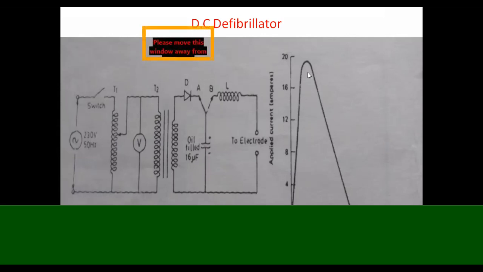Now these defibrillators apply a maximum current of 20 amperes, and that amount of current causes a high shock to the heart, and due to that proper functioning of the heart becomes possible. That is, irregularities in the ventricles of the heart come into the normal way. Okay.